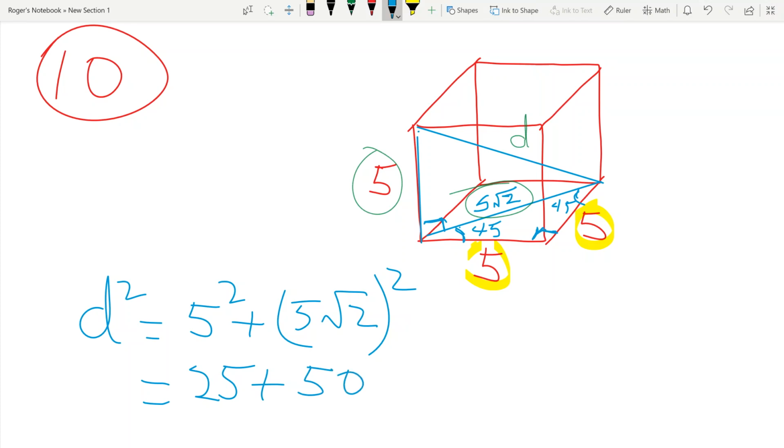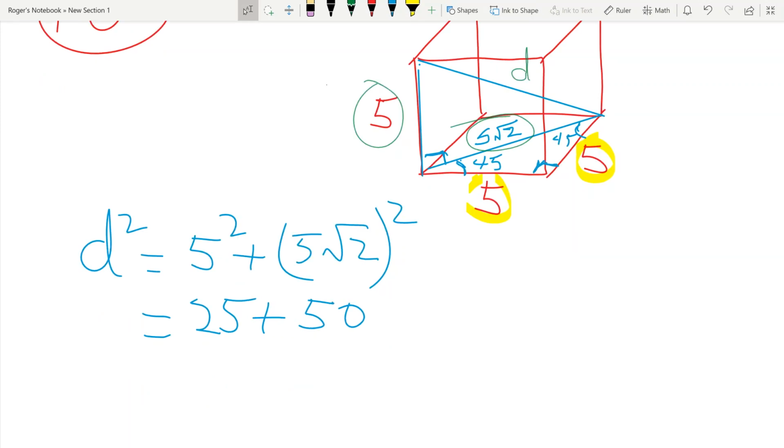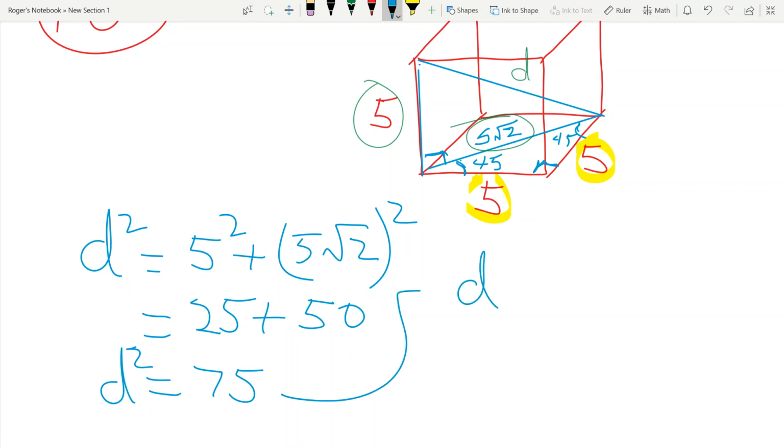So D squared then comes up to be equal to 75. And so D is going to be equal to the square root of 75.